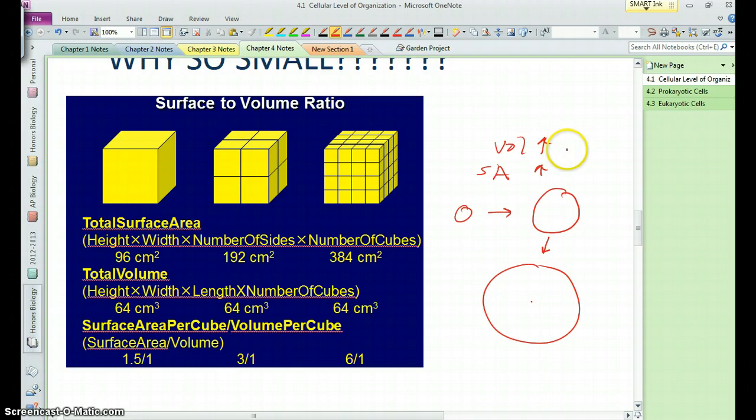But which of those increases faster? Well, surface area is increasing to the square because it's a two-dimensional thing, whereas volume is increasing to the cube because it's three-dimensional. There's an x, y, and a z axis in volume.